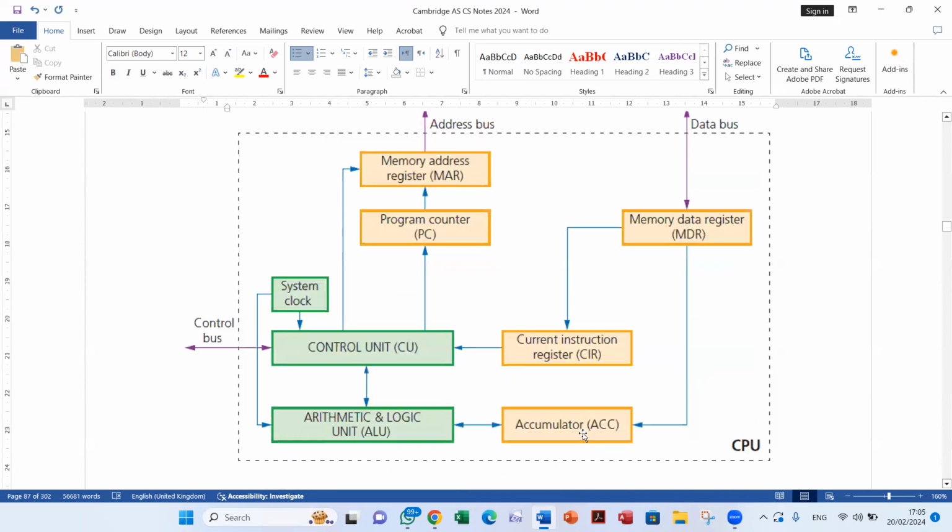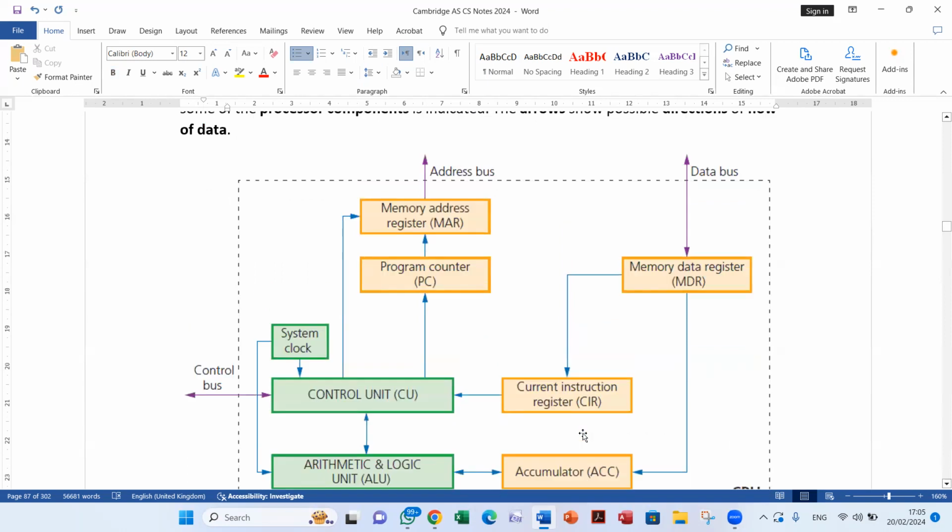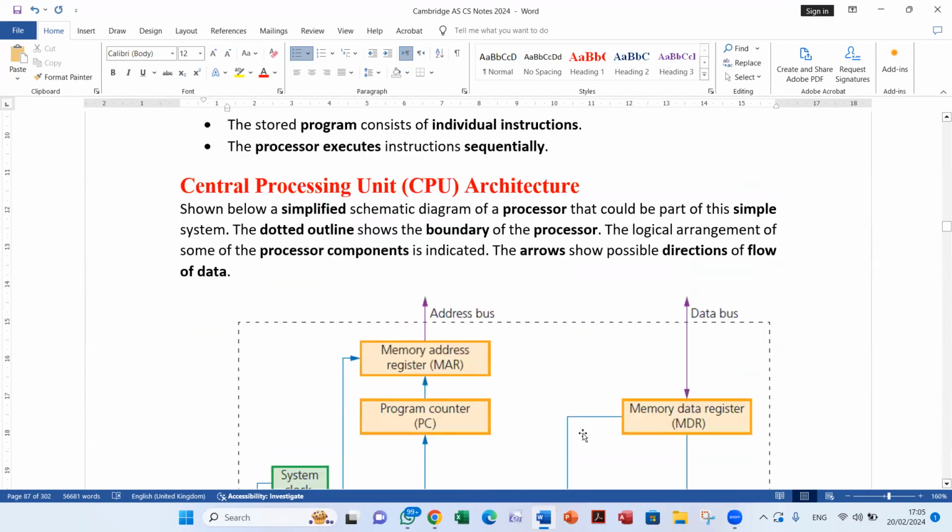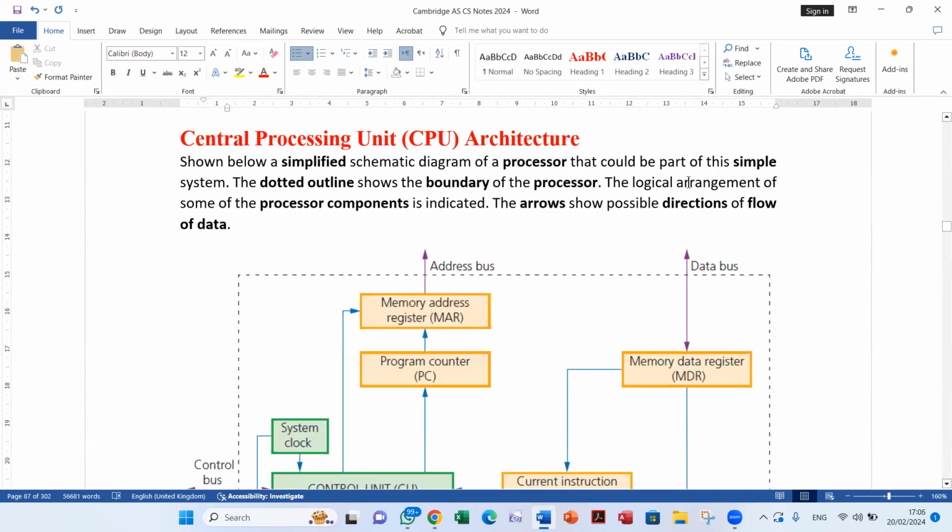Okay, let us study this again. The central processing unit. Shown below is a simplified schematic diagram of a processor that could be part of this simple system. This is a very much simplified model of what we may call a computer system.